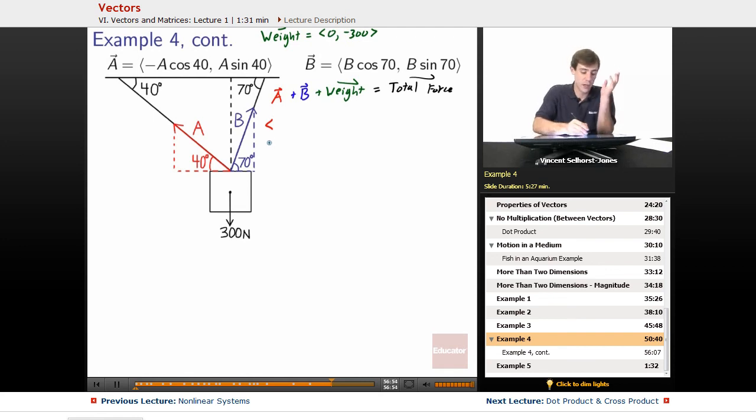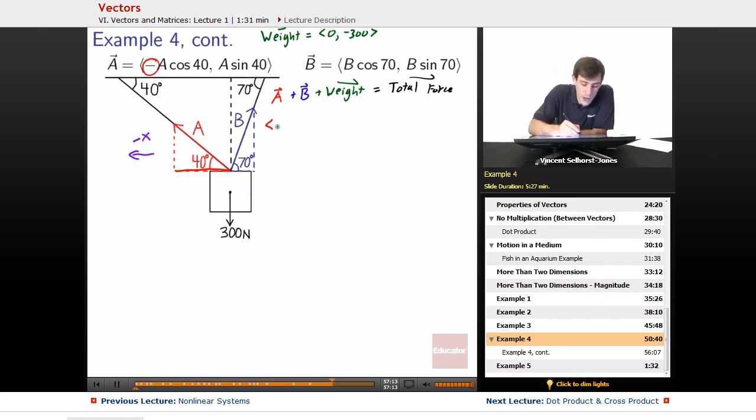Oh, that was one thing I didn't say on the previous slide. I put it as A cosine 40 because A cosine 40 is the length of this side, but it has to be negative because when we go to the left, it is negative in the x direction. Both of the verticals are positive because they're both pointed up, but only the B is pointed to the right and thus pointed positively horizontally as well.